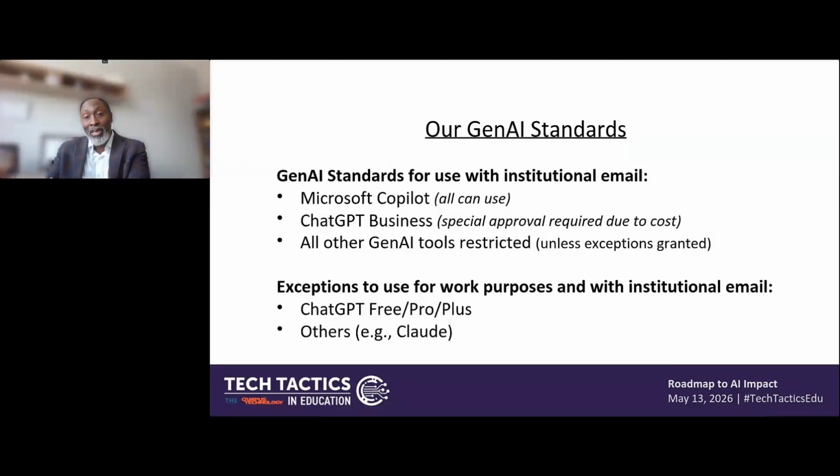So these are prohibited. However, if in vetting those tools, there is data that's not really sensitive being used, we have a process of approving or making an exception for that. And I'll, of course, touch more on what that process looks like as we move forward.